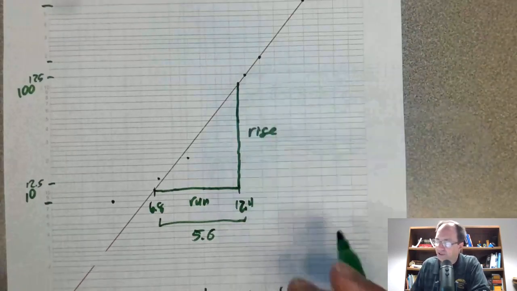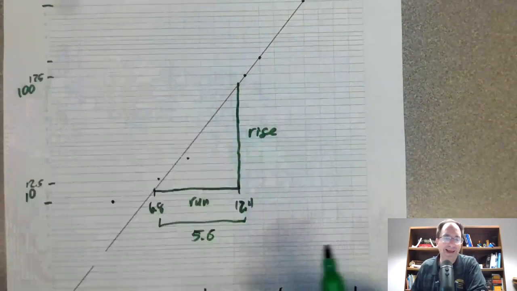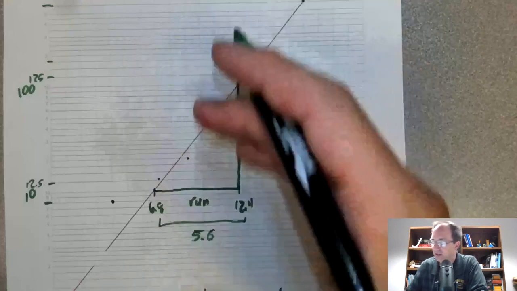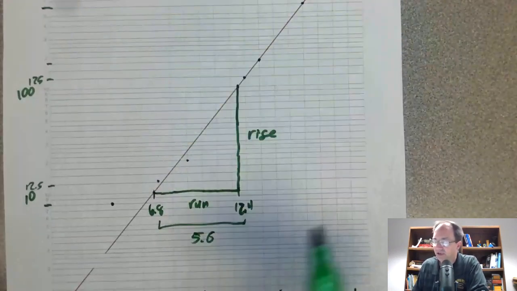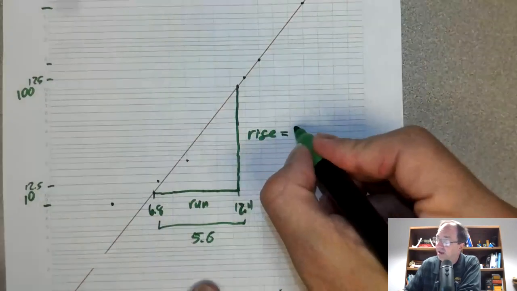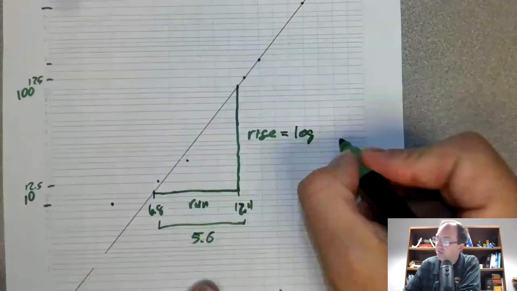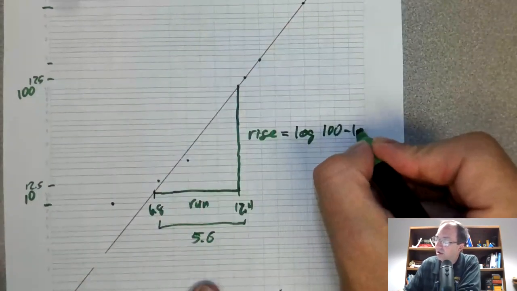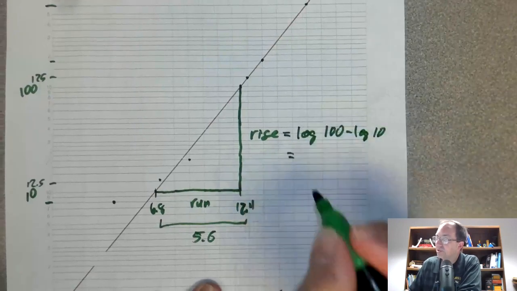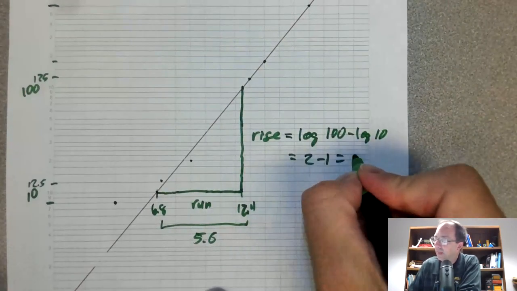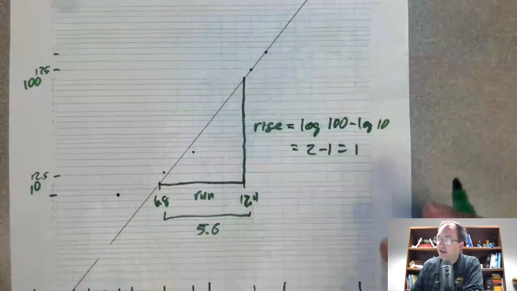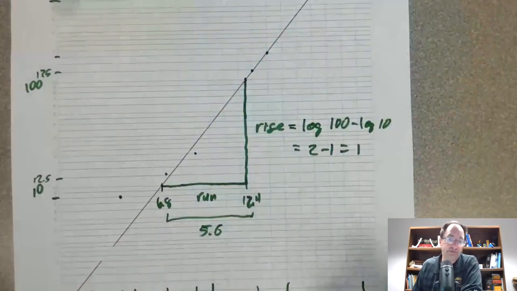But the rise is what's interesting, because that's the one that's transformed. I can't just take the numbers and subtract. What I really need is the logarithmic difference. So one way of thinking about that is the log of 100 minus the log of 10. But of course, the log of 100 minus the log of 10 is just 2 minus 1, which is 1. And as long as you always do a cycle, the rise will always be 1.